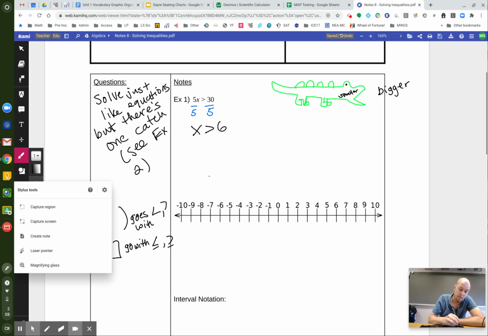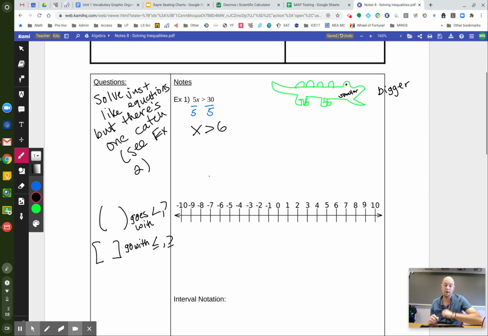When I look at these brackets, it kind of looks like an equal sign already. So if I look at this, there's no equal sign on it, so I'm going to use my parentheses.